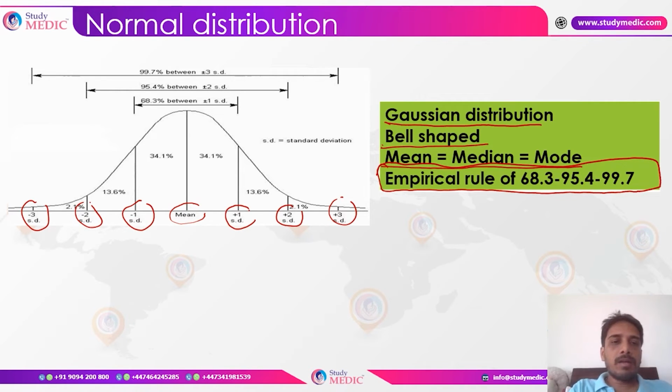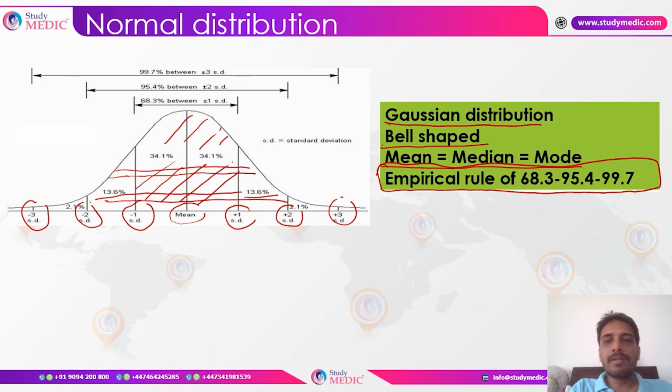That means 68% of the data lie within mean plus or minus 1 standard deviation, whereas 95% of the data lie within mean plus or minus 2 standard deviation, and 99% of the data lie within mean plus or minus 3 standard deviation data points.